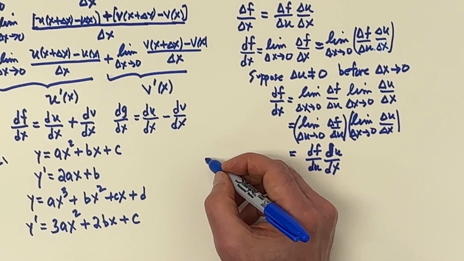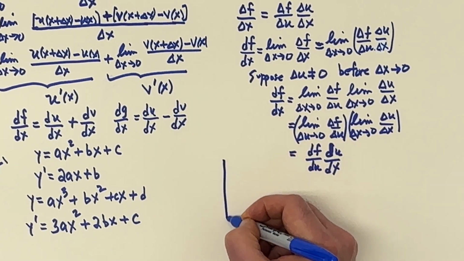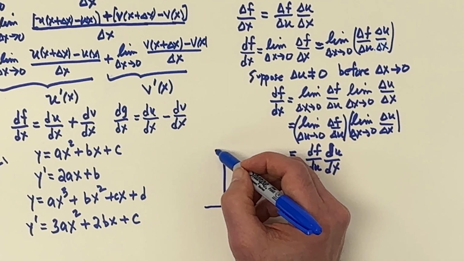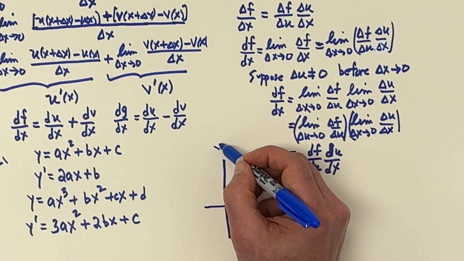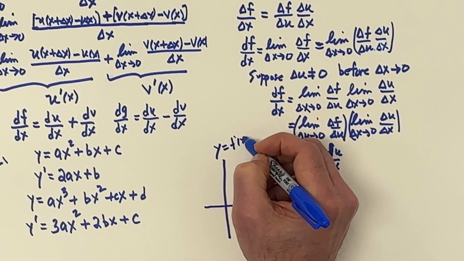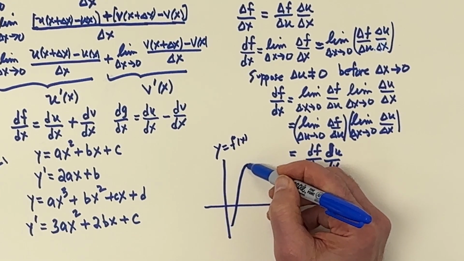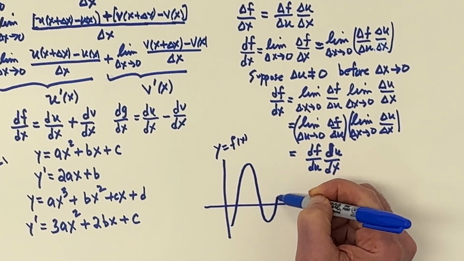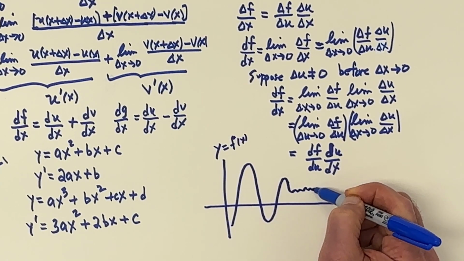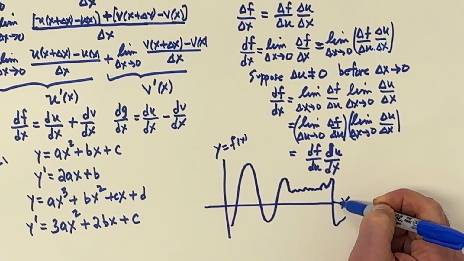Suppose I want the derivative where I have a function that's really a crazy function. Say here's y and x, f of x here. And say I have a function that does something like this, it's doing this kind of stuff. And then here it's going like a lot of ripples. And then it starts doing that.